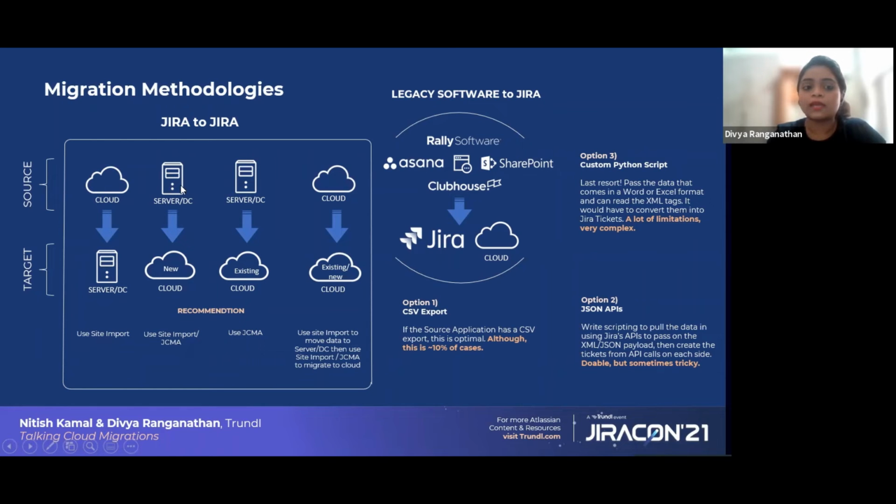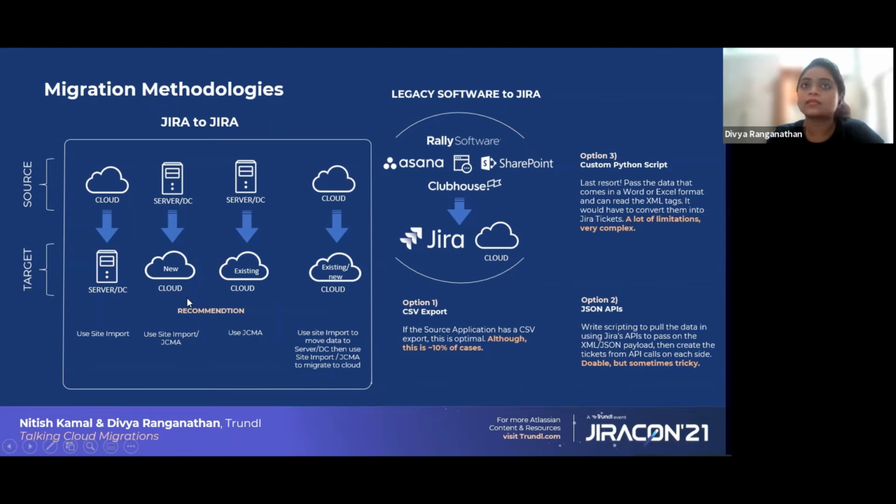Then if you are migrating from a server DC to a cloud instance, and the cloud instance is a new instance, you can always use site import or JCMA, because whenever you import any data from server DC to a cloud instance via site import, all the data on the cloud instance will be overwritten. So if it is a new cloud instance, you can directly go with the site import.